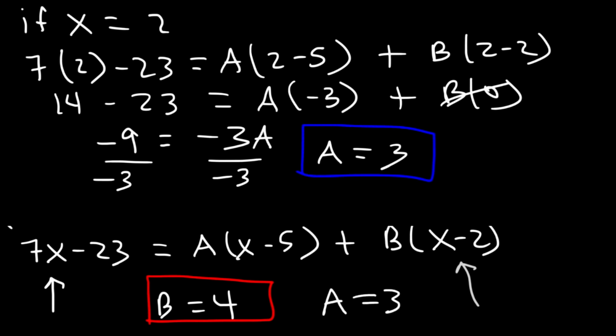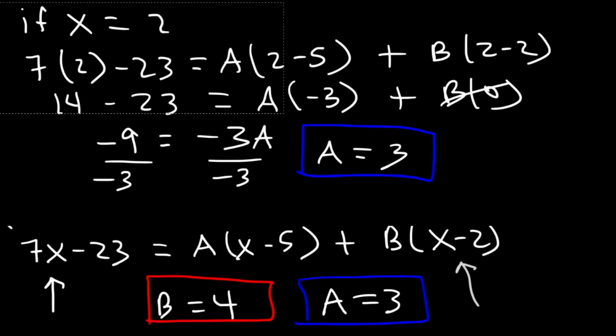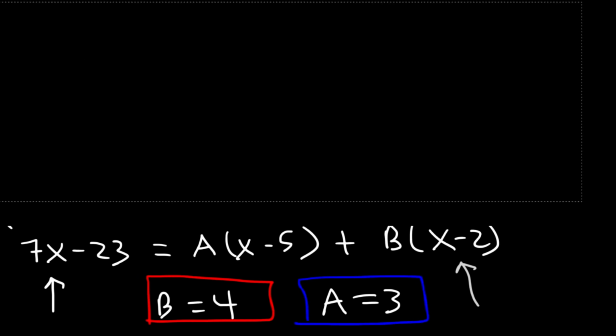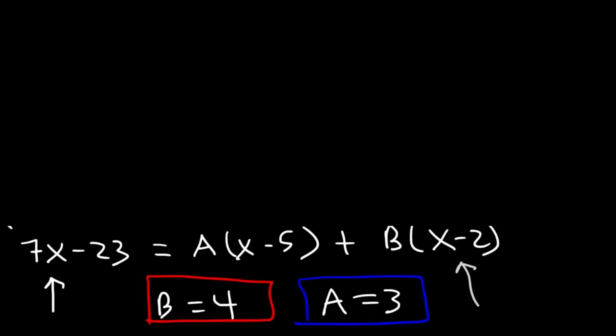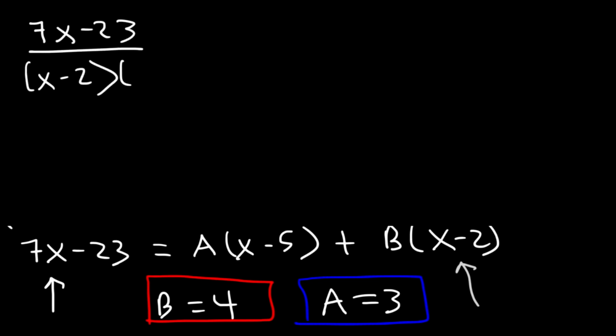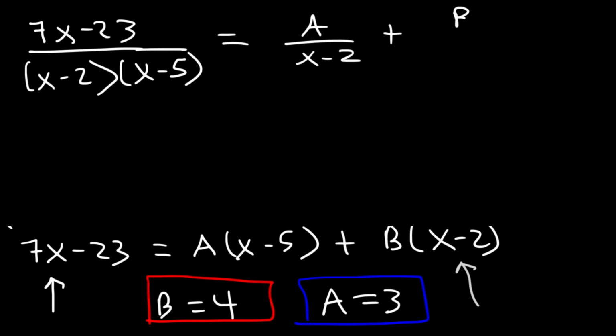Now let's go back to our original problem. So we had (7x minus 23) divided by (x minus 2) times (x minus 5), and that was equal to a over (x minus 2) plus b over (x minus 5).